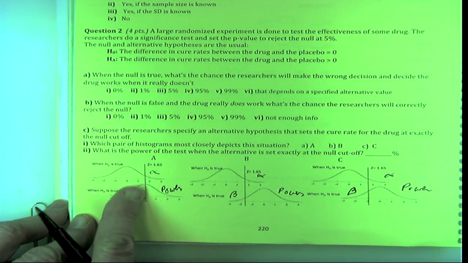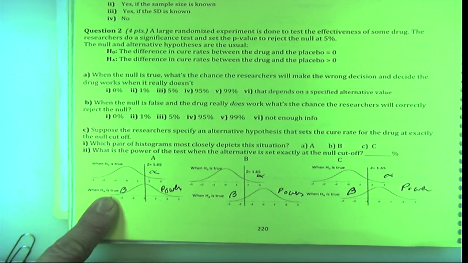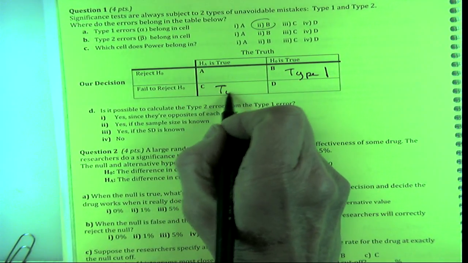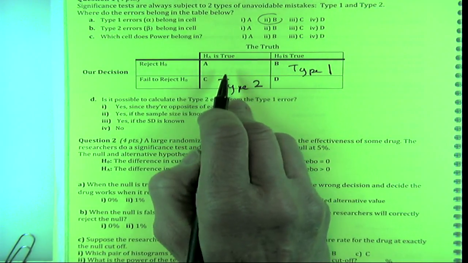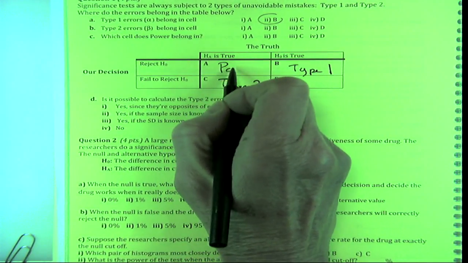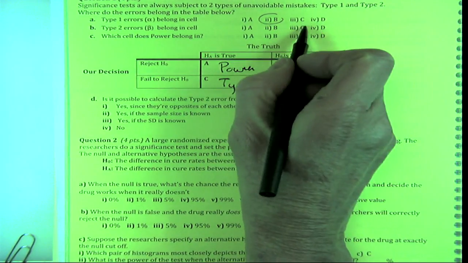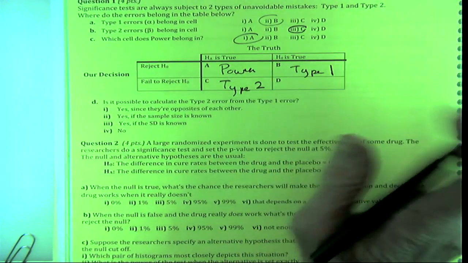If you're on this side, here you have a big type 2 error. So you fail to reject it. So that's the type 2 error. And then the power can only happen when the alternative is true. It's the power to detect an effect that's really there. So this is your power right there. Okay, so this is C, and that's A. So just draw a picture if you can't remember it.